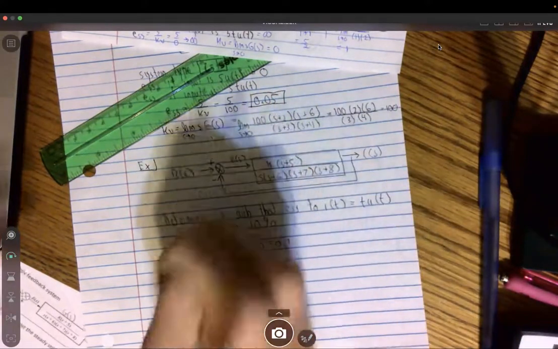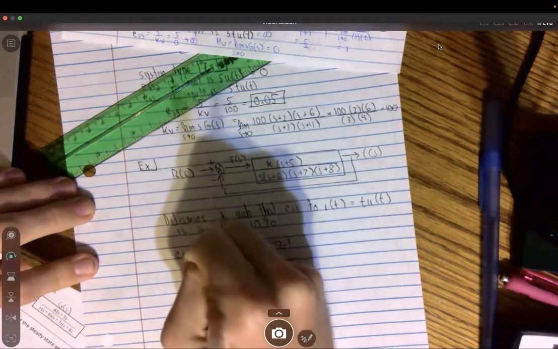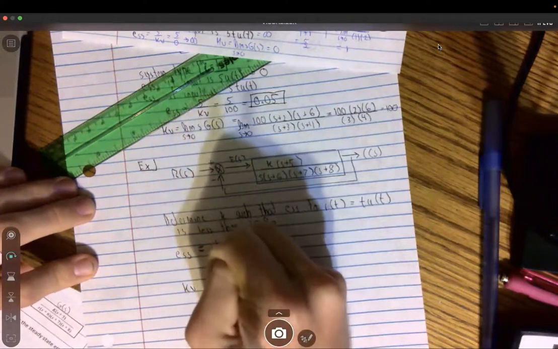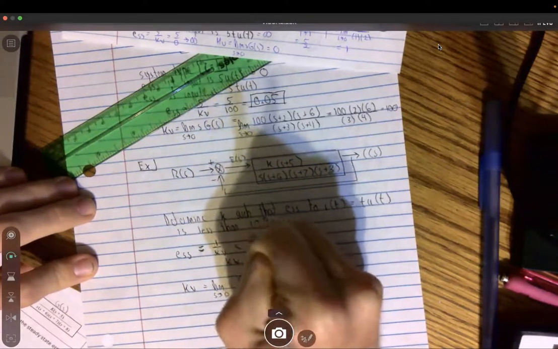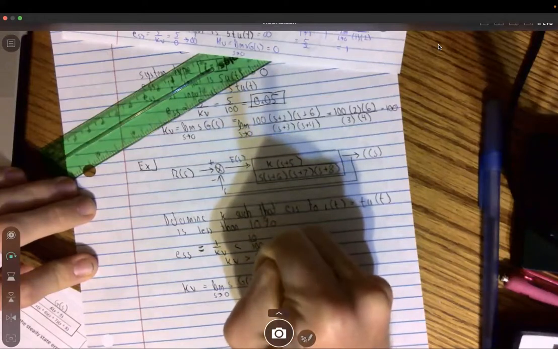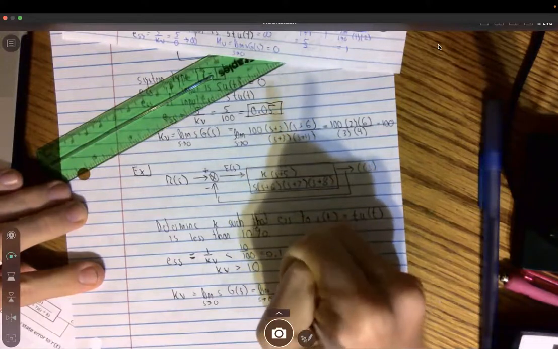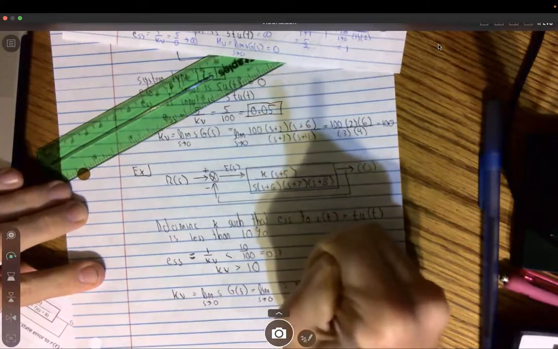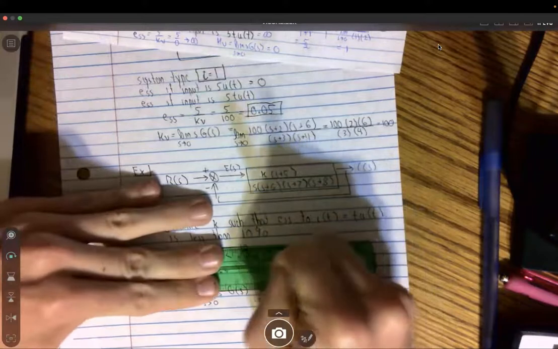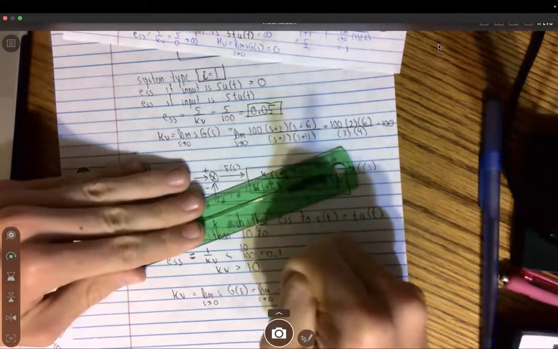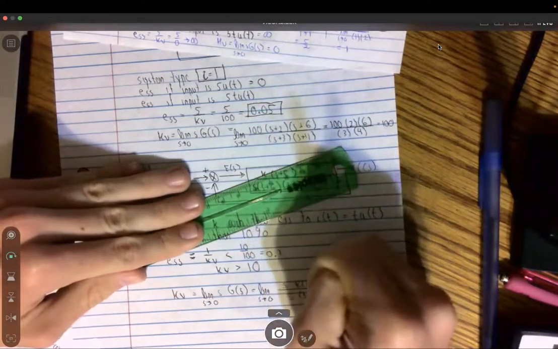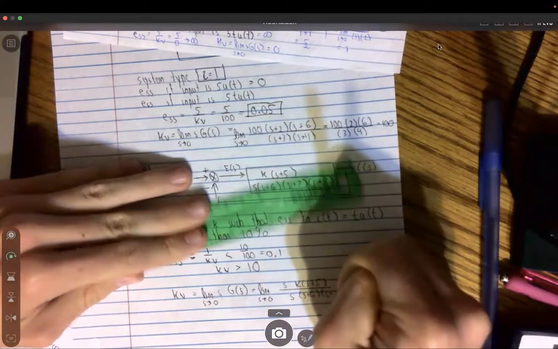And so remember, our Kv is defined as the limit as s goes to 0 of sG(s), which is the limit as s goes to 0, and then having our s in this, it would be s times K(s plus 5) all over, in the denominator here, s times (s plus 6) times (s plus 7) times (s plus 8).